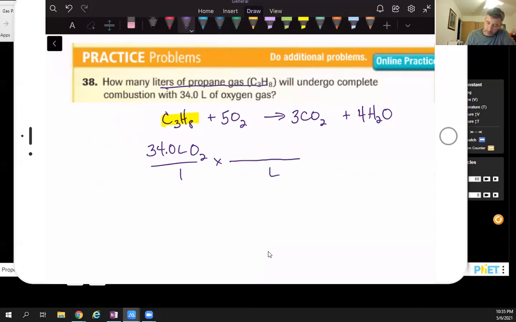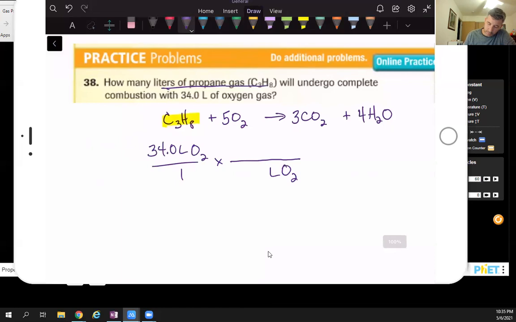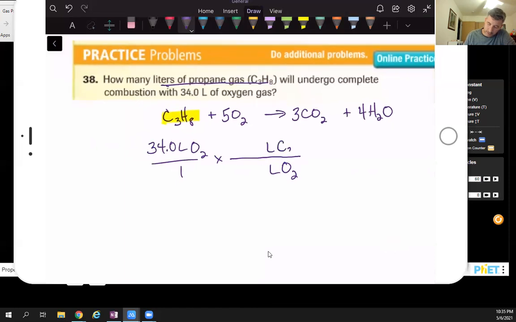Now, normally when we think about liters, we might think about using the ideal gas law. But because both of these substances are gases, we don't have to do that. We can just use the balanced equation. So I'll show you what I mean there. I can go from liters of oxygen to liters of C3H8, just like that. And the ratio comes from the balanced equation.